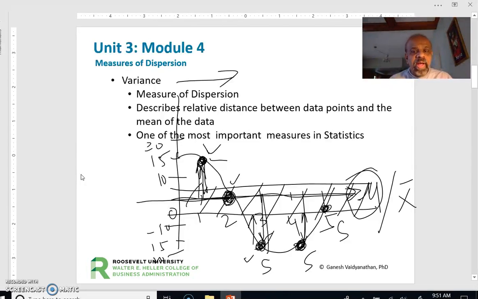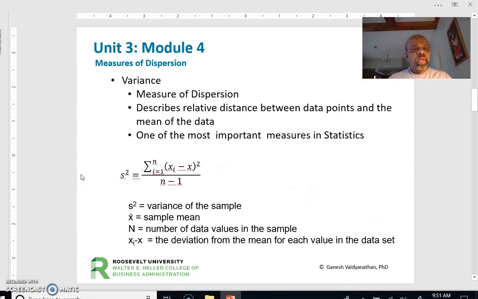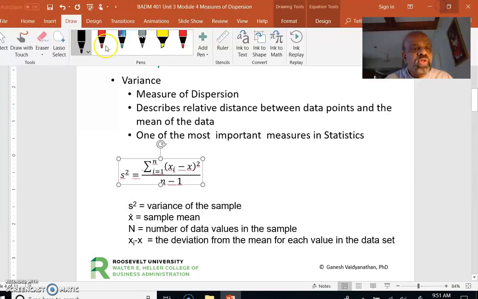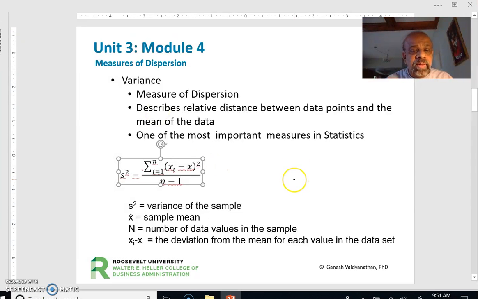Now let's go ahead and look at how to calculate the variance. You can calculate the sample variance, and of course you can calculate the population variance. The sample variance is denoted as S. S is the sample variance.